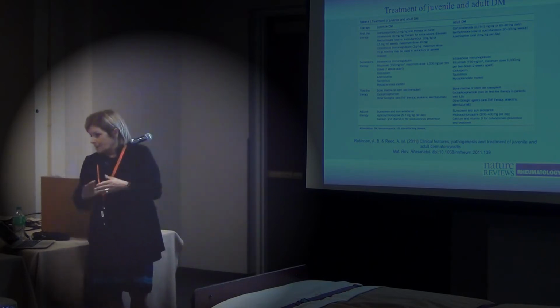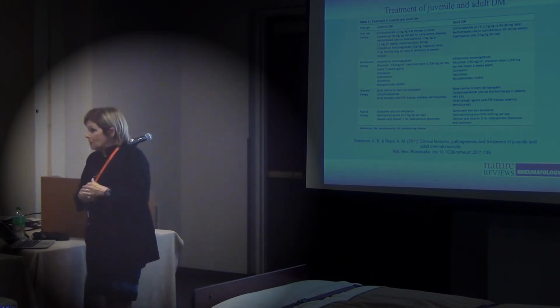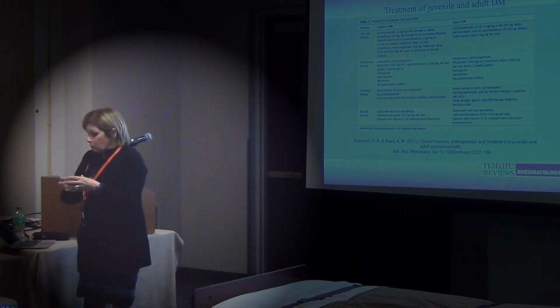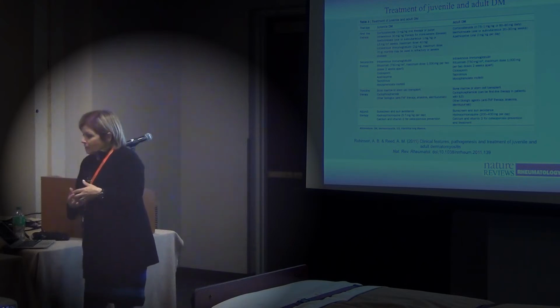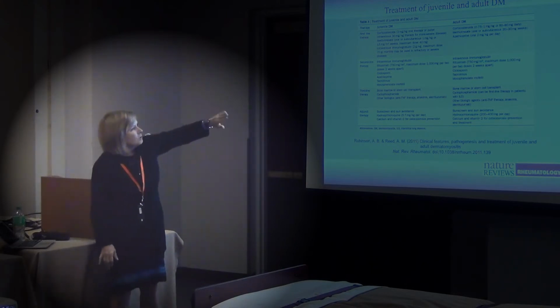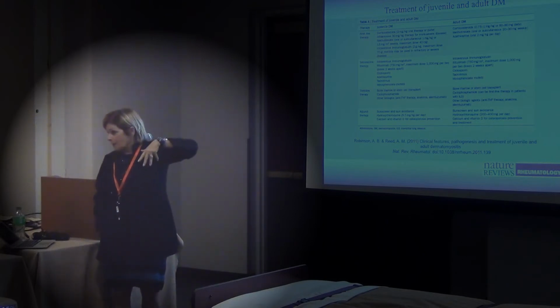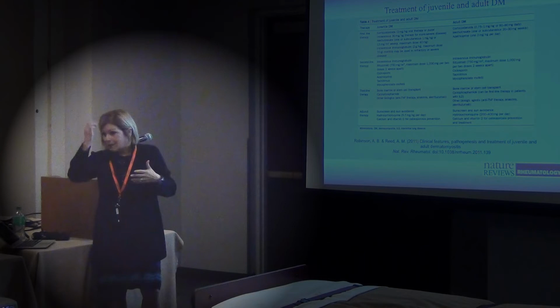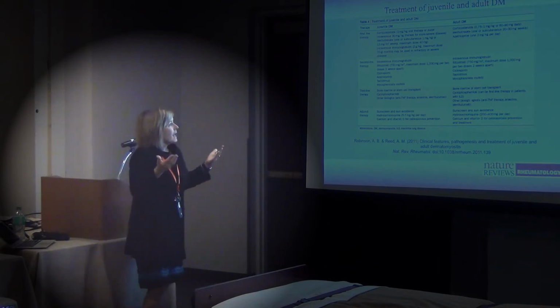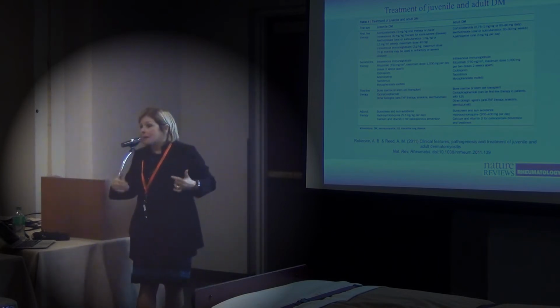I know they talked a lot about IVIG earlier. Sometimes people use just steroids and methotrexate, and if you're more severe, they'll add IVIG. In adults, they usually start with steroids and either methotrexate or something called Imuran or azathioprine. They usually start with something like that first. And then we add in pediatrics very quickly, after a few months.